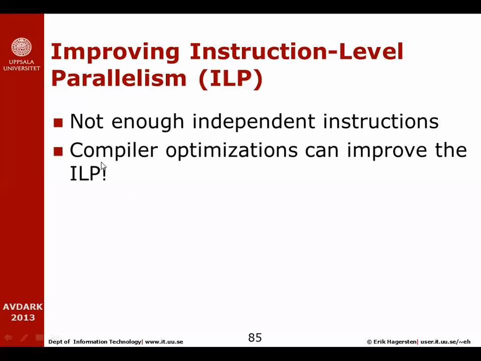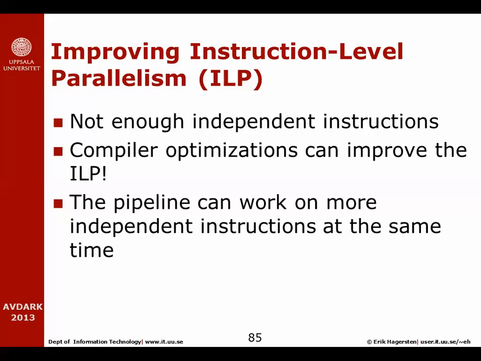And the compiler organization is not writing a new application. It's just reorganizing the instructions to make sure that it becomes common that we have many instructions that don't depend on each other, adjacent to each other. That means that the pipeline now can work on more independent instructions at the same time.